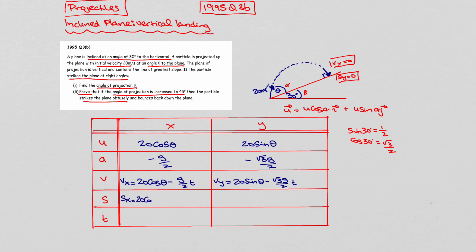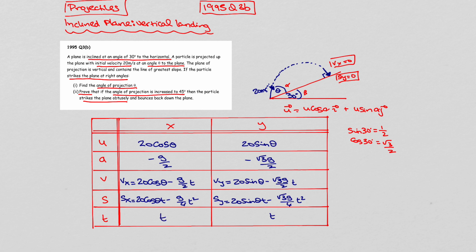So that's 20 cos theta t minus, a half of g over 2 is going to become g over 4 t squared. And in the y direction, it's 20 sine theta t. And again, half of root 3 over 2 is going to be root 3g over 4 t squared. And our time is in terms of t. Okay, so now we have our table filled out.